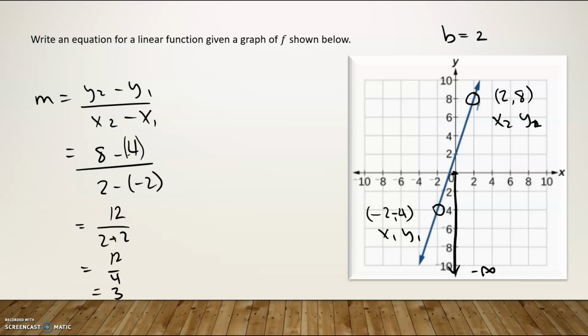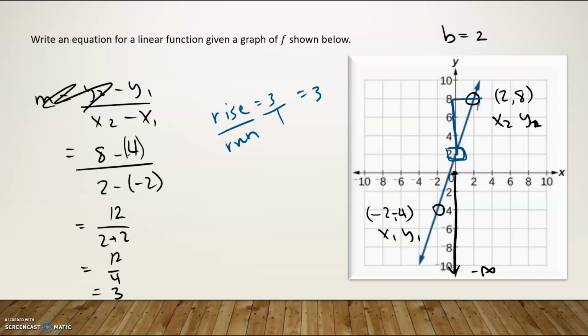Now, what I did was I checked it by doing this. I started at the y-intercept, and I went 1, 2, 3. So my rise should be 3. Remember, rise over run is slope. And then I went over 1. So that should be my slope. So you could do that as well instead of going through this formula.